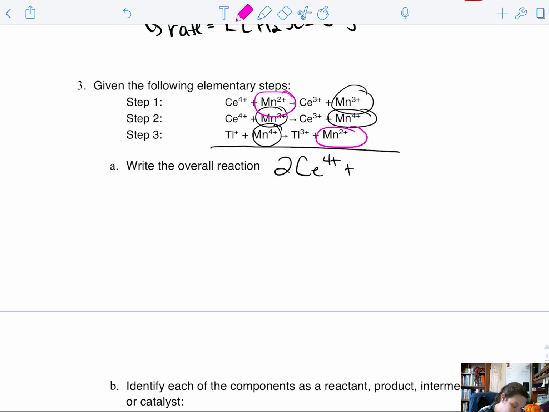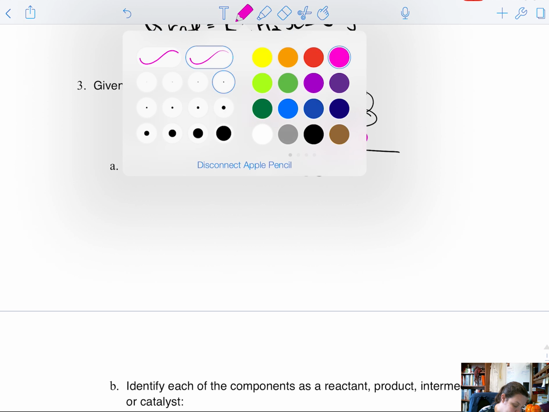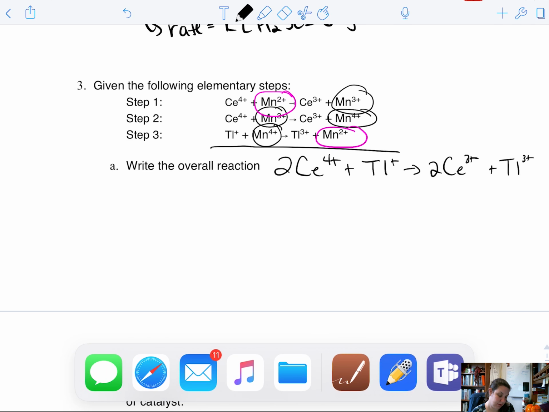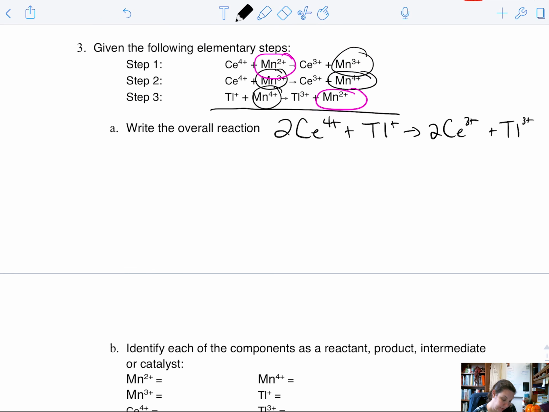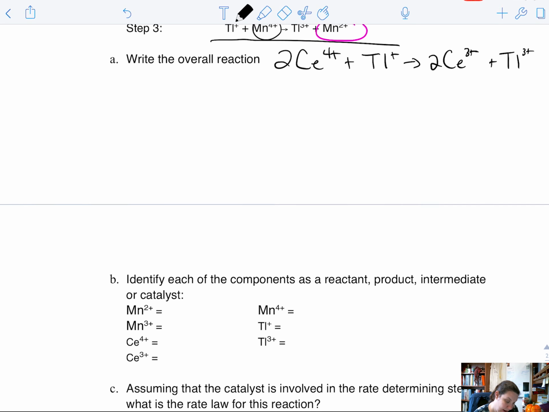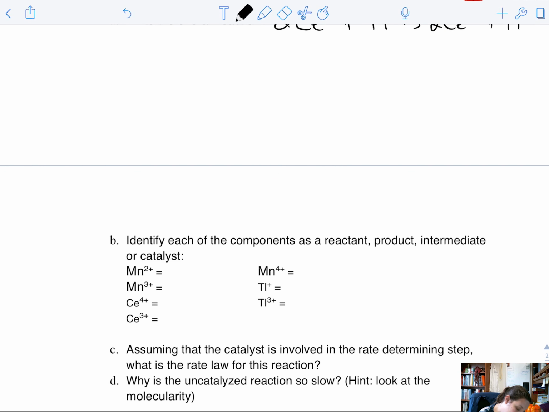Okay, so we have 2 Ce4+ plus thulium plus goes to 2 Ce3+ plus thulium 3 plus. Okay, so there's our overall reaction. So now, after looking at that, we can identify reactants, products, intermediates, or catalysts. So Mn2+ would be a catalyst.